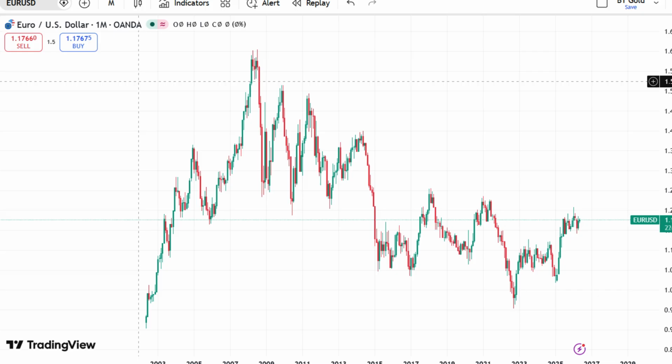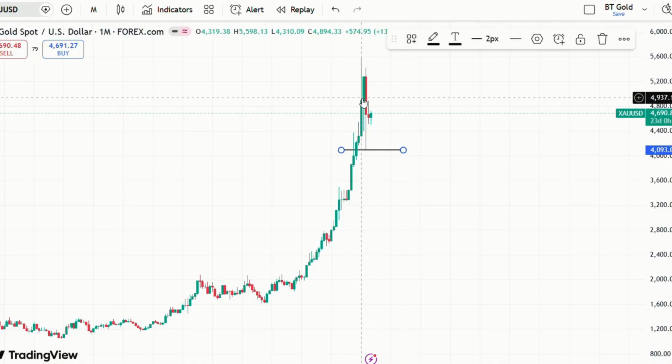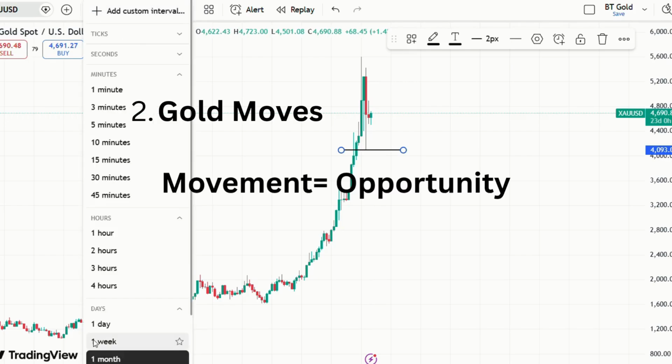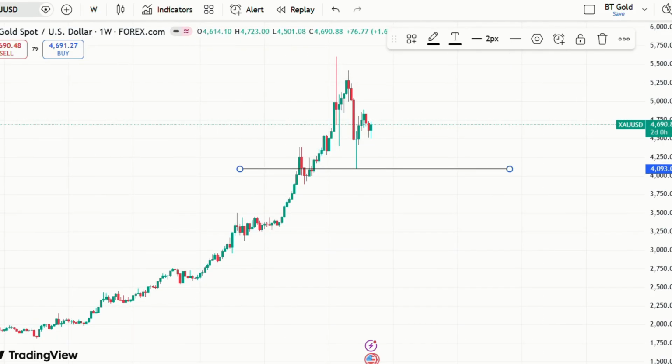Does anyone know what's happening here? Well, I think we could agree that the trend is not as clear as we'd like it to be, right? But with gold, even a 5-year-old can figure out the trend. And if that's not convincing enough, listen, gold moves, and movement is opportunity. Yeah, gold has the potential to make you a lot of money.